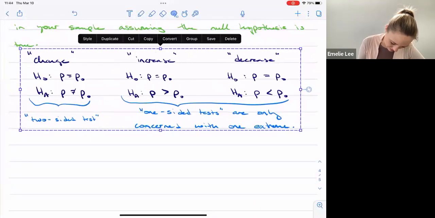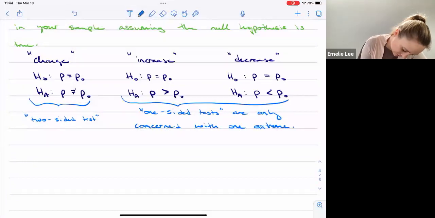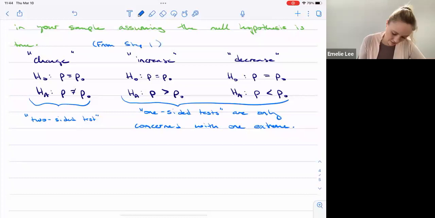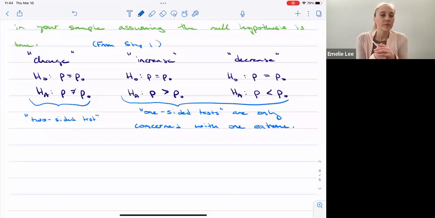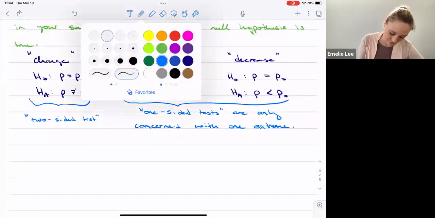From step 1, we've got these 3 options for our alternative hypothesis. If we assume that the null hypothesis is true and all the conditions have checked out and they're safe to assume, then I can draw a normal distribution, because it follows a normal distribution.